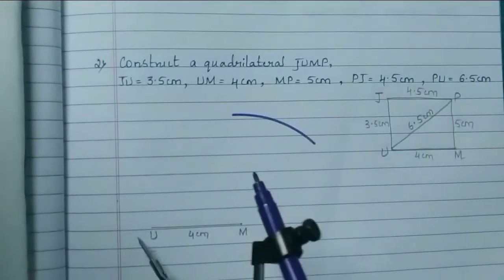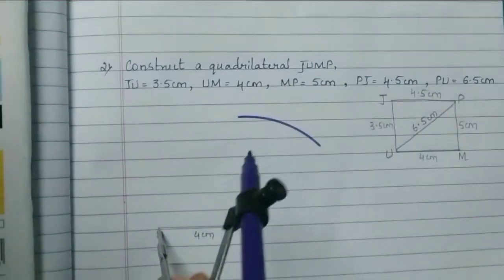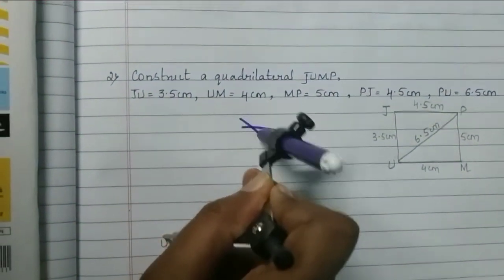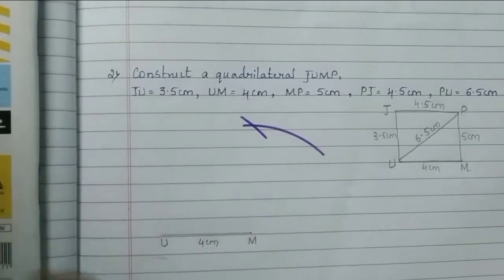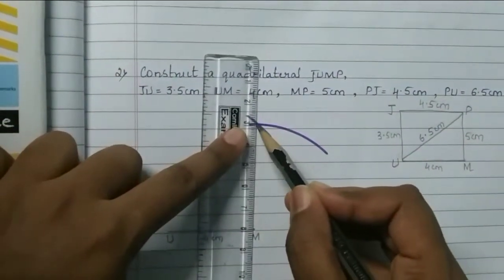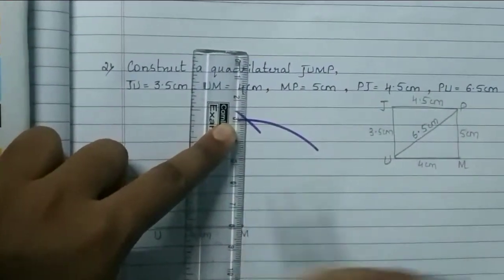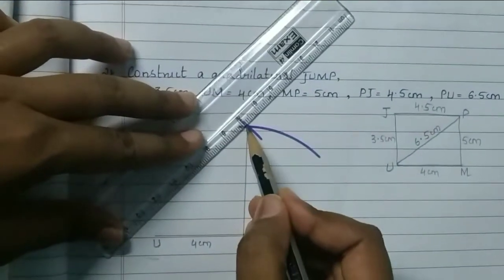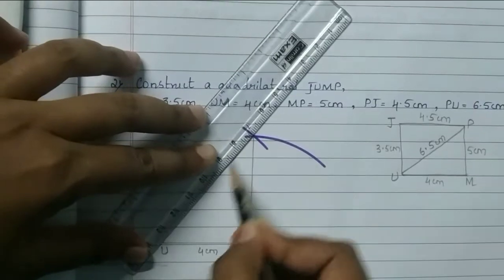So this is our 6.5 centimeter. Keep this at U point and cut an arc. Now we got 2 points here. One we have to join here and another we have to join at the point U.